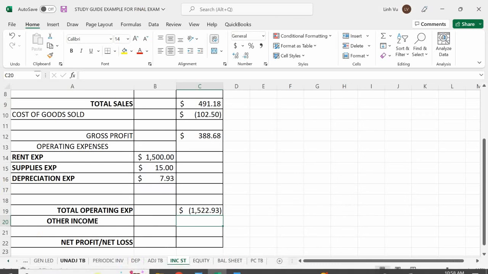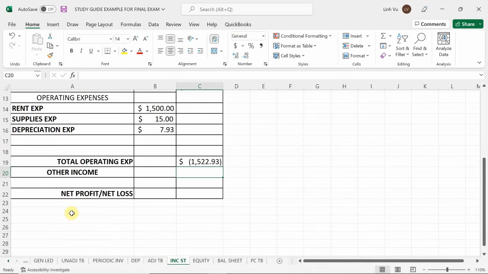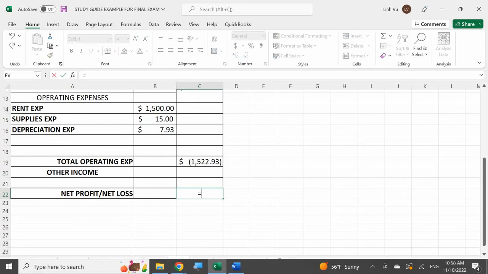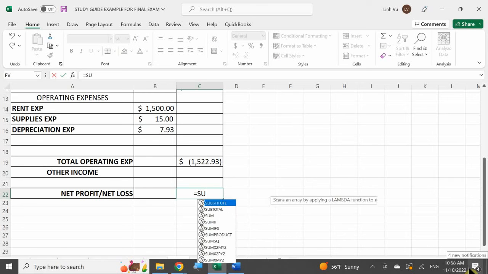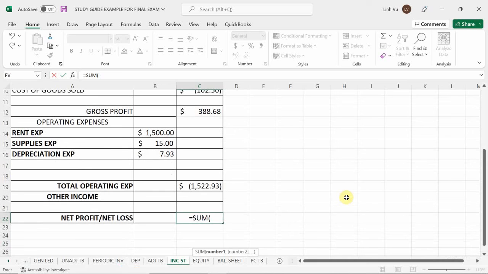$1,522.93. So I don't have any other extra income. So therefore, what is my total net profit or net loss? If I have a gross profit of $388.68, and I had total operating expenses of $1,522.93, which decreases my profit, right?